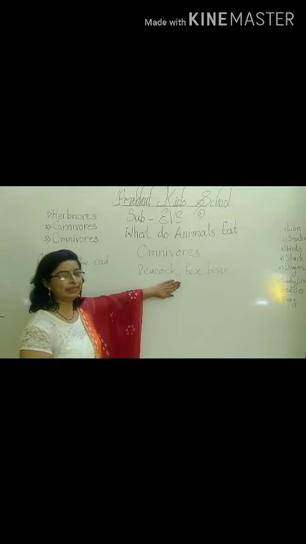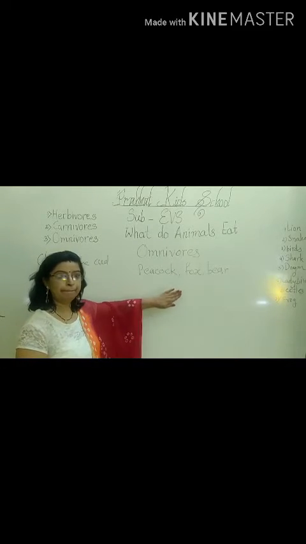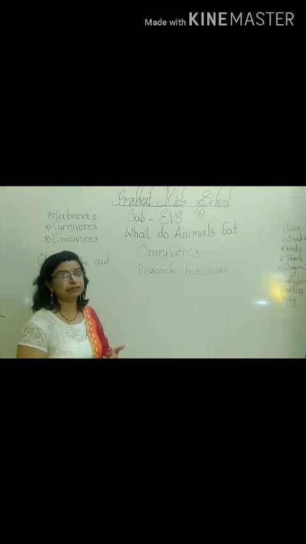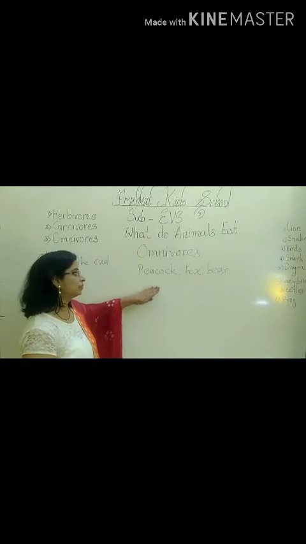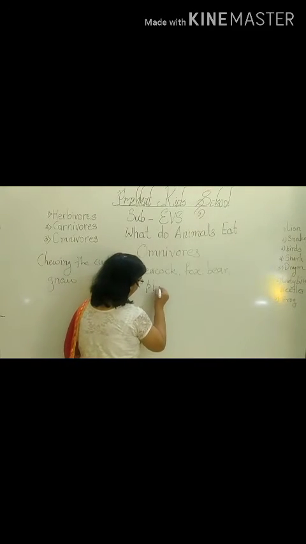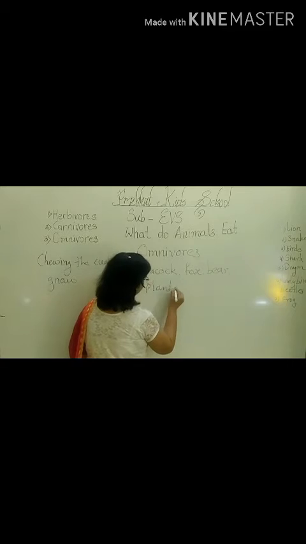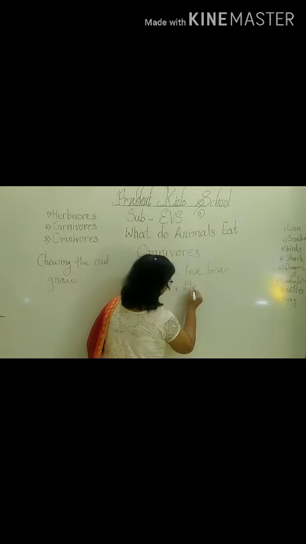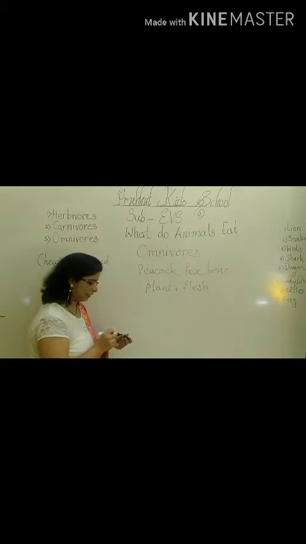These omnivorous animals feed on plants as well as insects and the flesh of other animals. Omnivorous means they feed on both plant plus flesh. These are known as omnivorous animals.